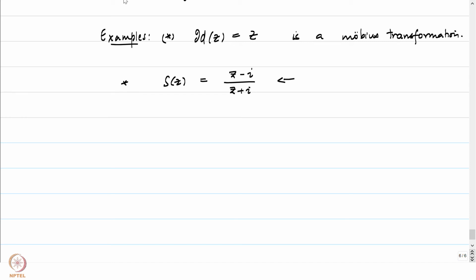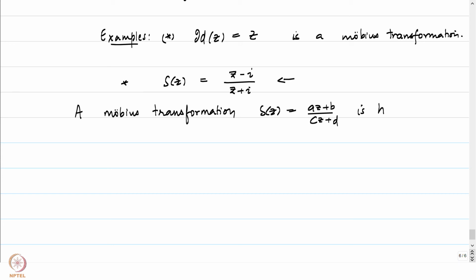So maybe on a more general note, a Mobius transformation, specifically say S of z equal to az plus b by cz plus d, is holomorphic at points in C minus the singleton minus d by c.